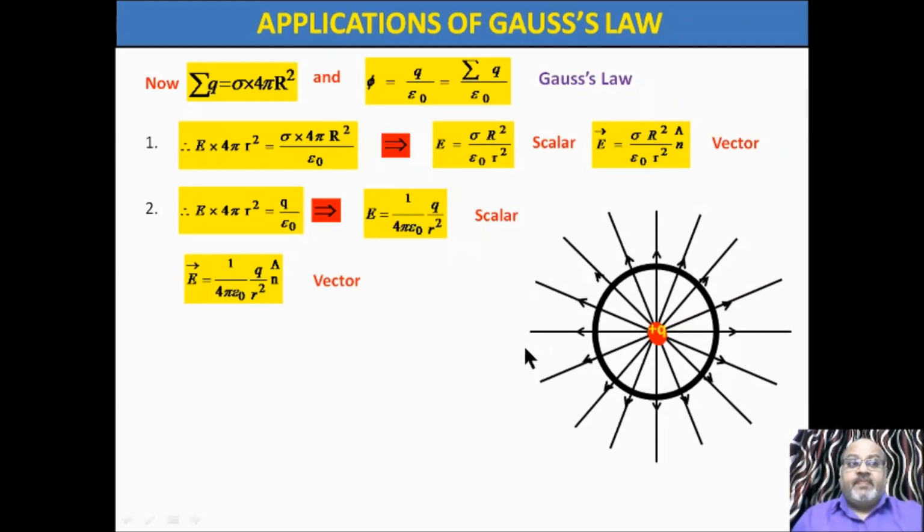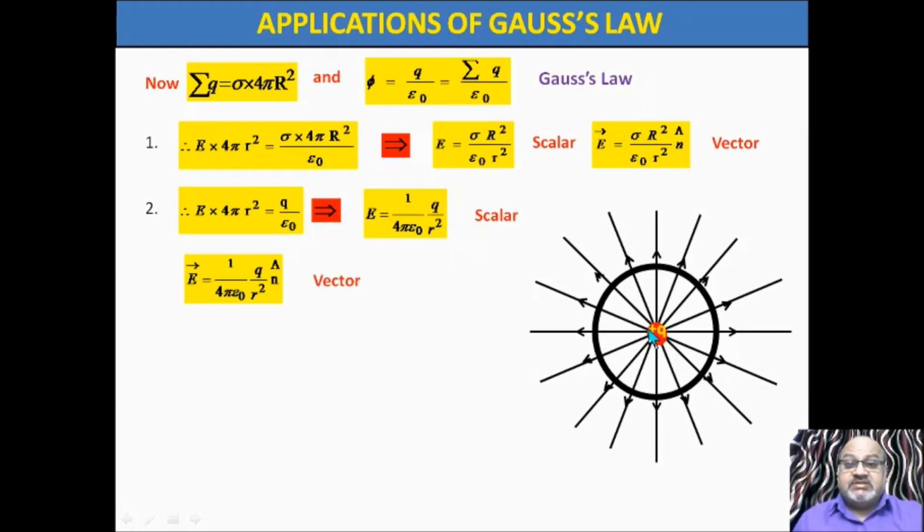Earlier, we know this: the source charge is plus q, so the electric field intensity is outward and the electric field lines are like this, with spherical symmetry. So this is the case of a point charge producing the electric field intensity. Here also we get the same result, but the charge is not inside the spherical shell in our case.